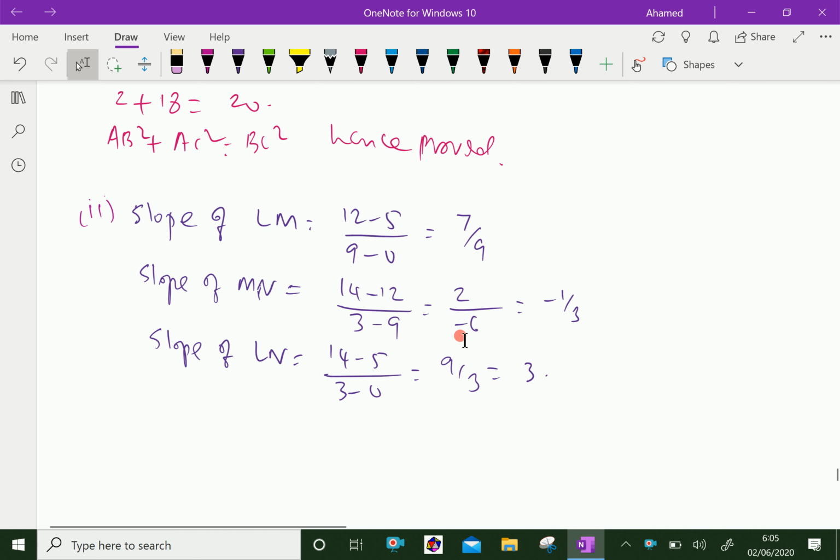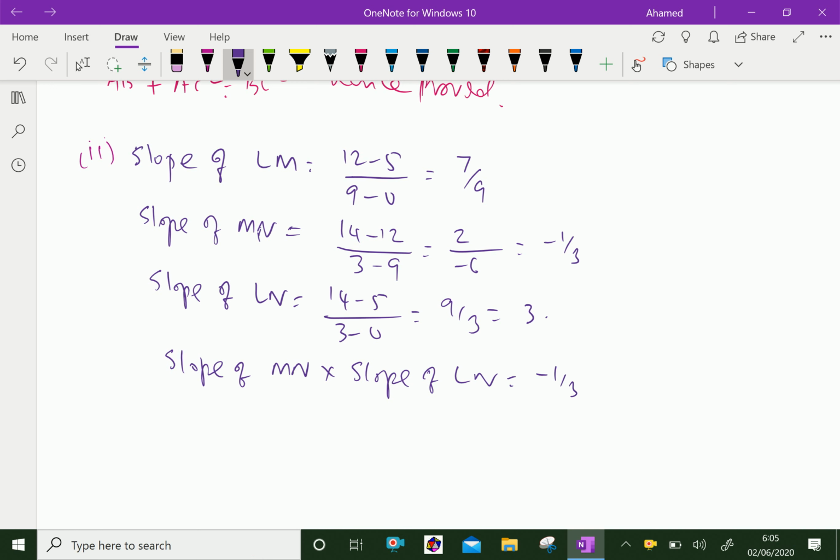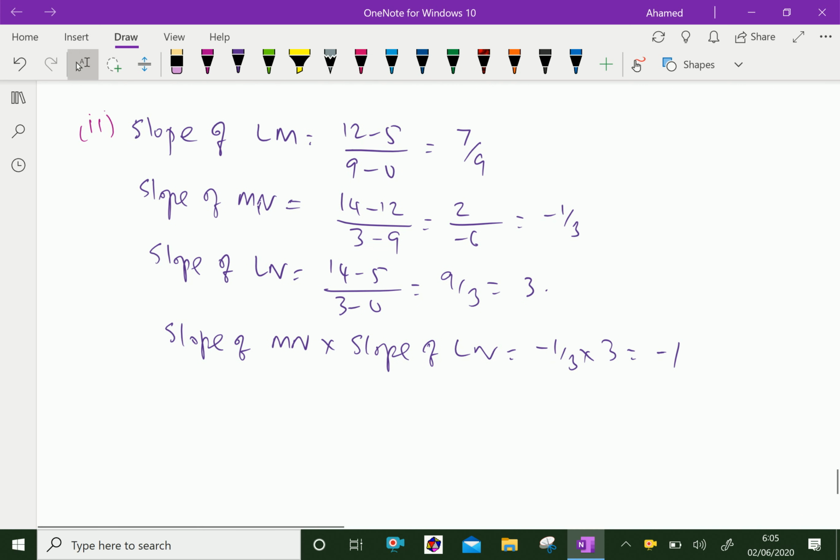Now look at the slope. Slope of MN is minus 1 by 3. Slope of LN is 3. Multiply both. Slope of MN into slope of LN equal minus 1 by 3 into 3, which is equal minus 1. So the product of the two slopes is minus 1. Then we can say two lines are perpendicular to each other.